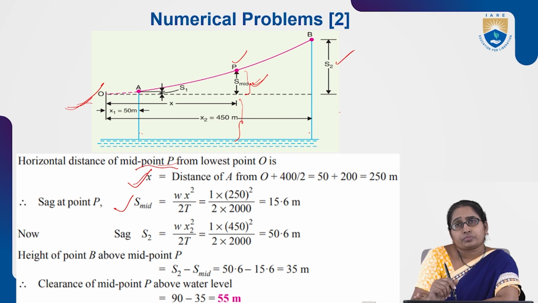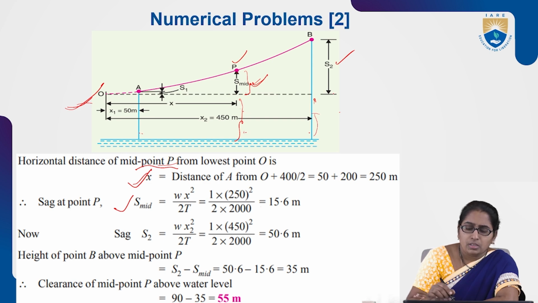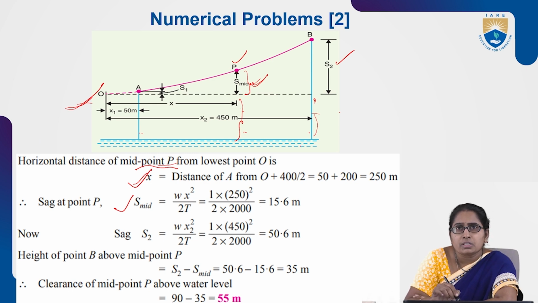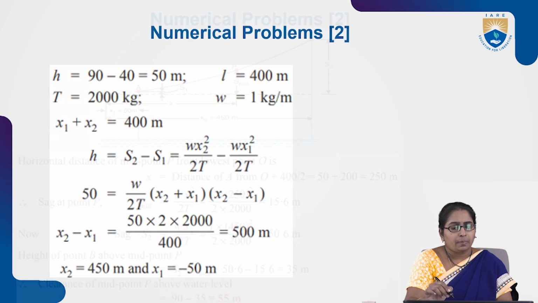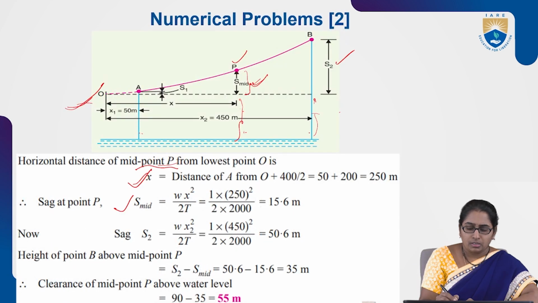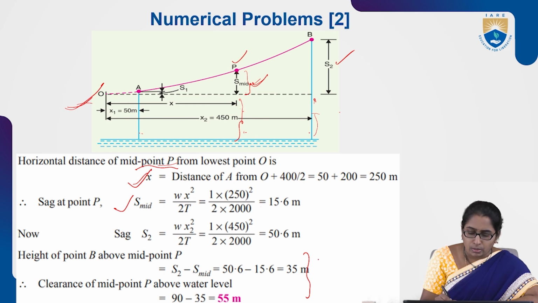Now, after obtaining S2, what can we do? We can get this value. What is the height of tower B? It is 90, right? This is another way, but whatever we did in the previous problem, I am following the same manner here.